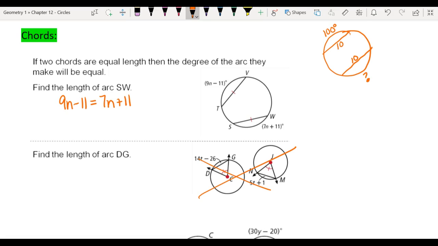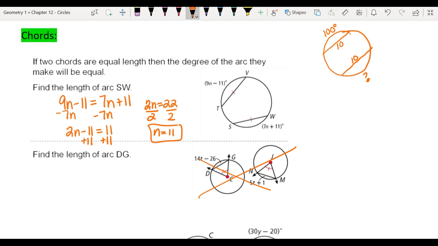It doesn't have you plug it back in. This one, it actually wants you to plug it back in. But let's solve for n first. So I'm going to subtract 7n. So I get 2n minus 11 equals 11. I'd add 11. So I get 2n equals 22. And I would divide by 2. Find n is 11.